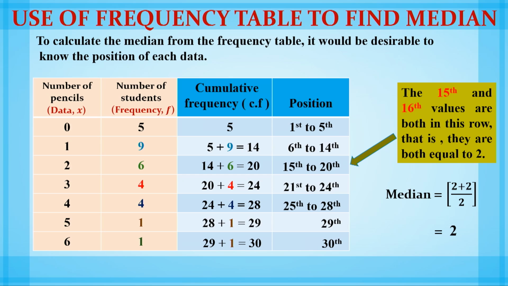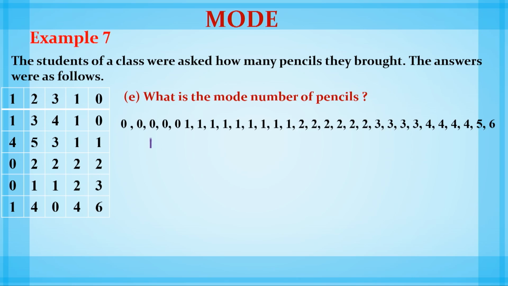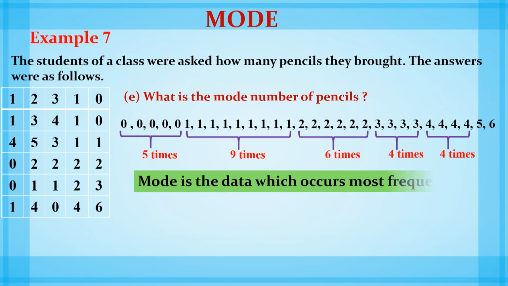Now, let us find the mode of raw data. What is the mode number of pencils? Now, from the list, 0 occurred 5 times, 1 occurred 9 times, 2 occurred 6 times, 3 occurred 4 times, 4 occurred 4 times, and the data 5 and 6 occurred once each.